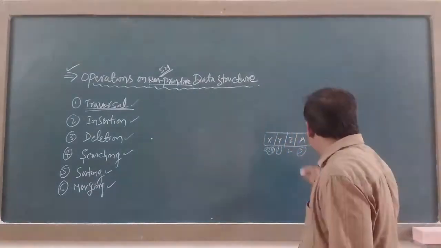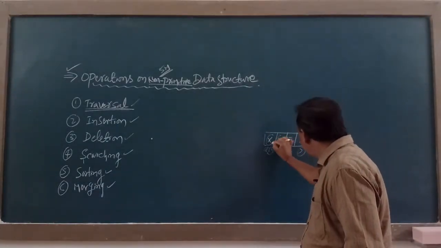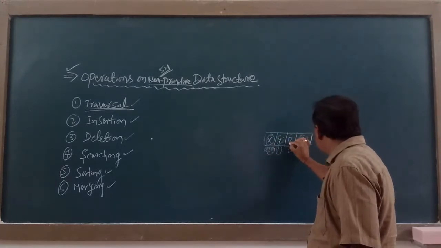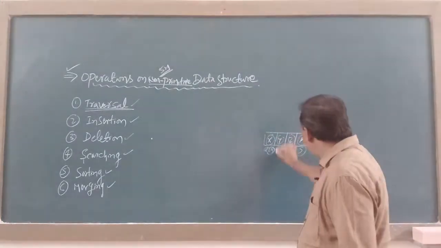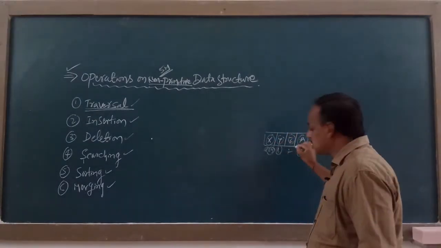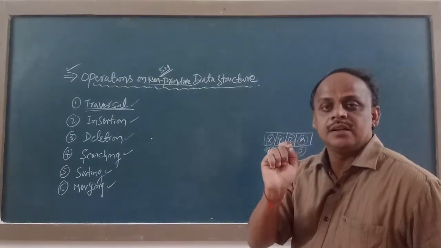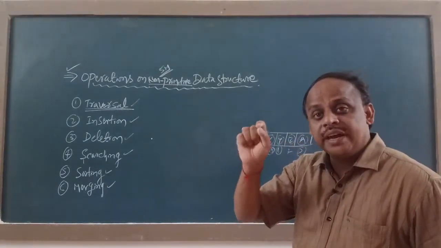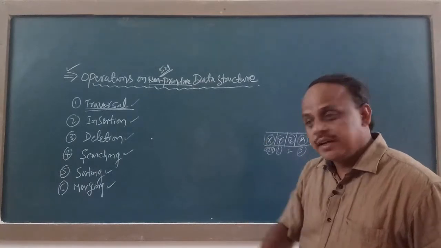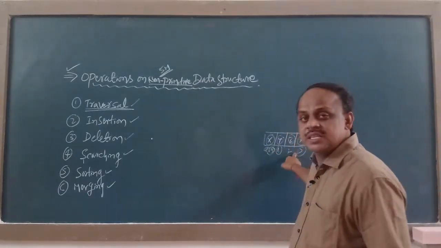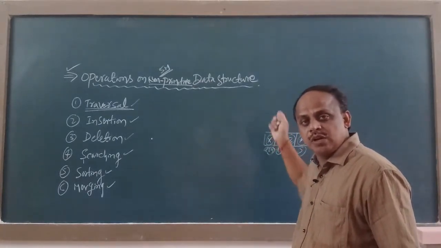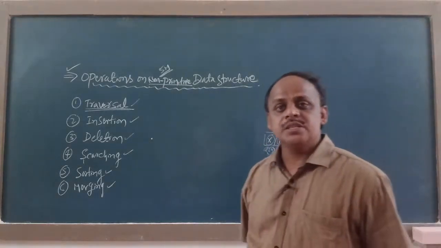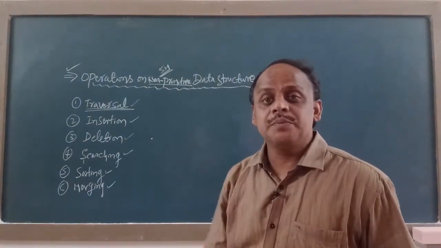This is a data element, this is also a data element, this is also a data element. All data elements are stored in some specific location. Where it is going to be stored means we are going to use a subscript, right? In the particular subscript the data item is stored. What does traversal mean?